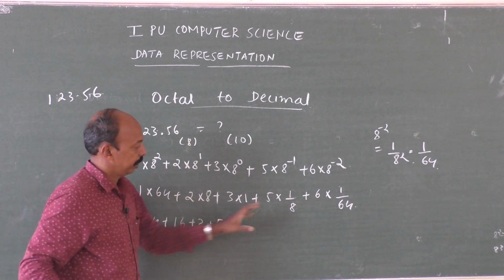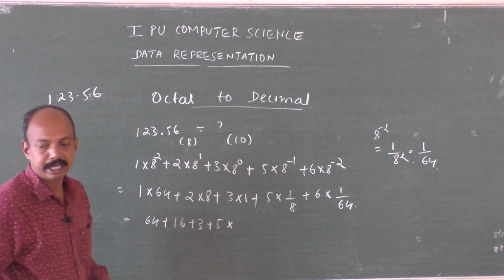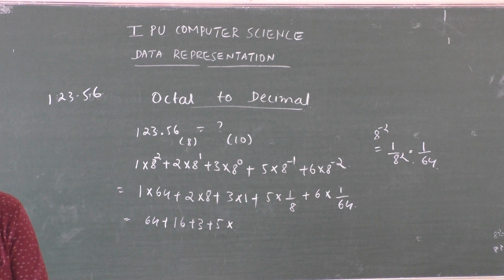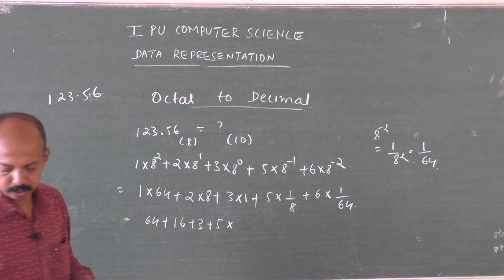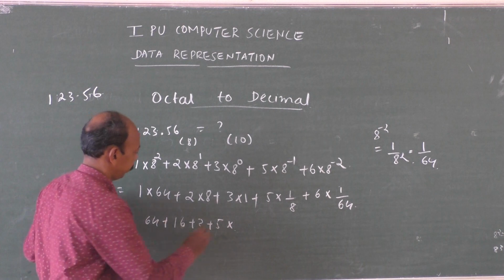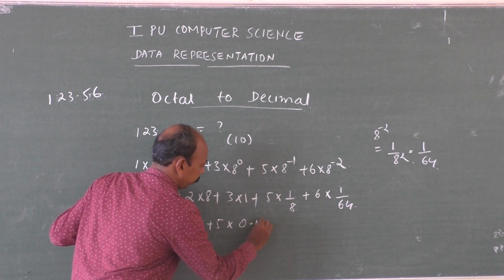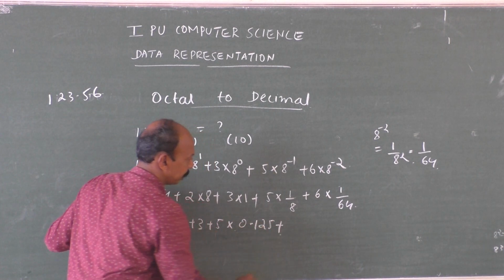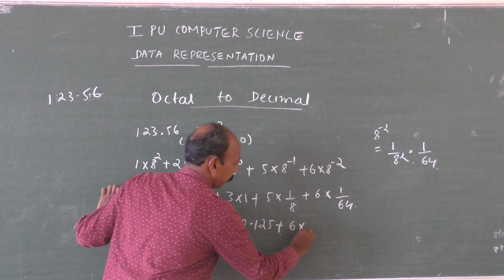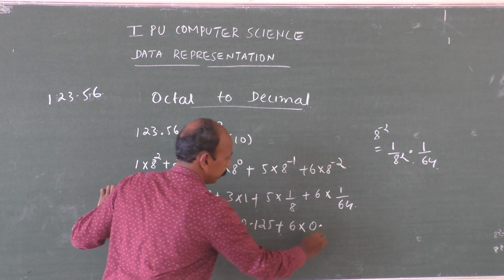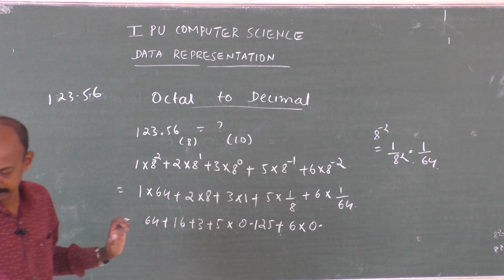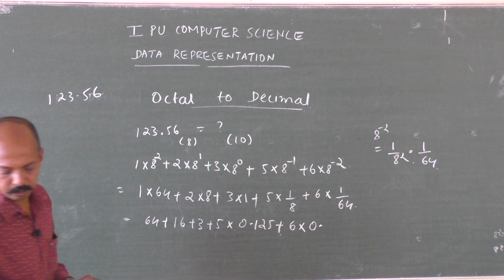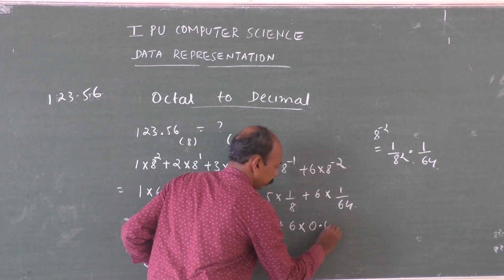Just calculate that. 1 by 8 is 0.125. Then plus 6 into a very, very small value, 0.015.